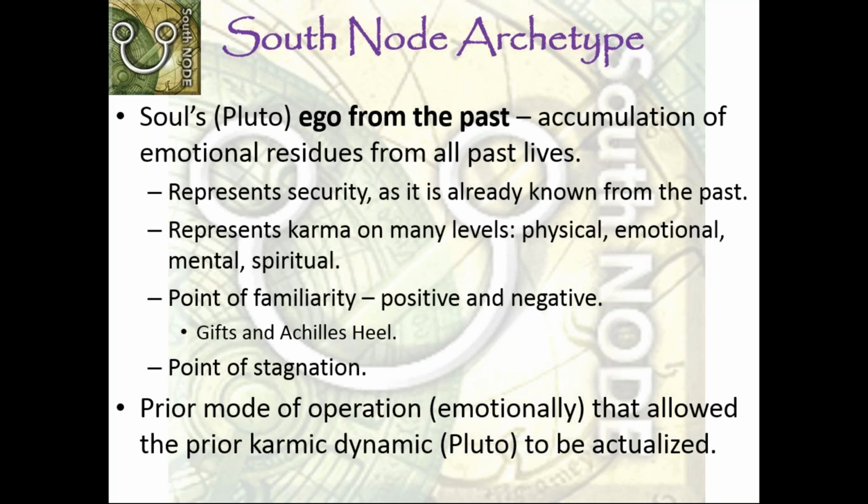That's where the soul gravitates to, but then that would be operated on via the south node because the nodes are more conscious than Pluto or the soul itself. The ego's more conscious than the soul is.